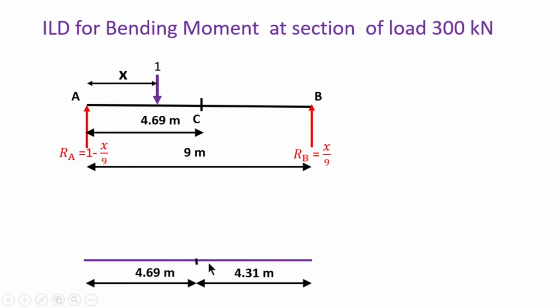This is 4.69 and the remaining is 4.31. So the ILD is 4.69 into 4.31 divided by L, where total L is 9, which equals 2.24. Or another way we can say this is a and this is b, so a into b divided by L, that is 2.24. So this is the ILD for the section under the 300 kilonewton load, and this is positive.